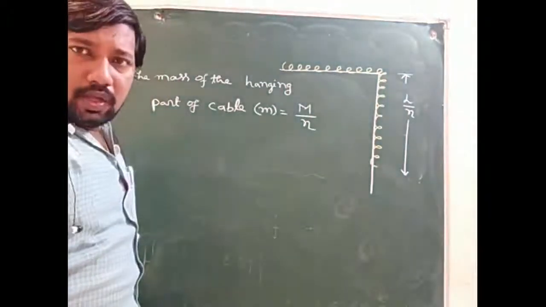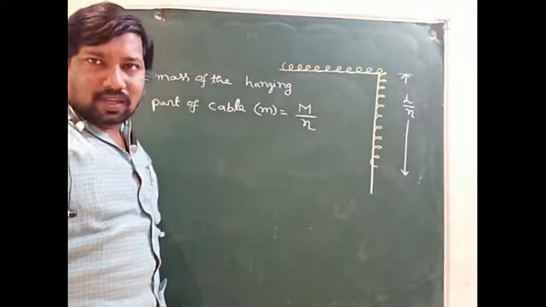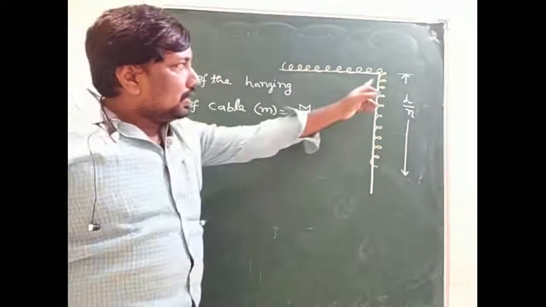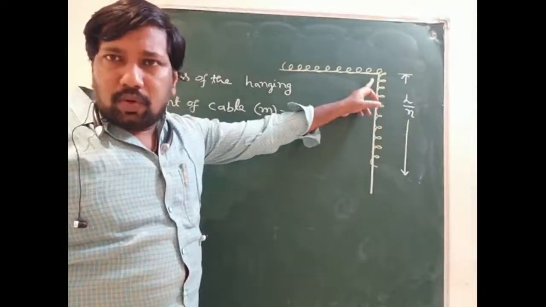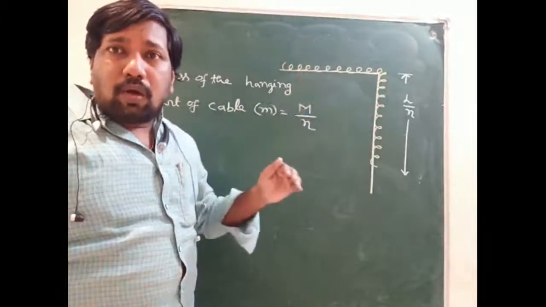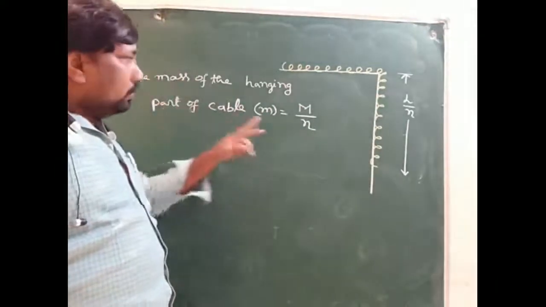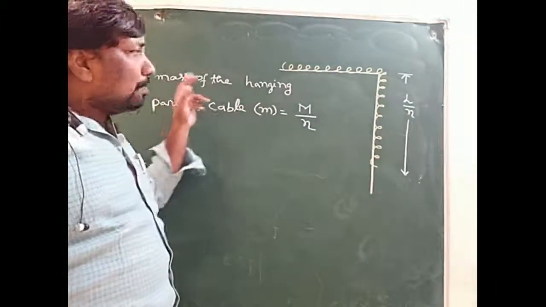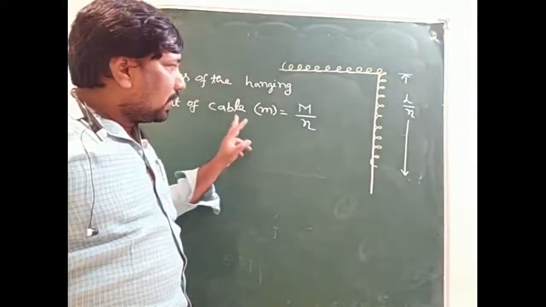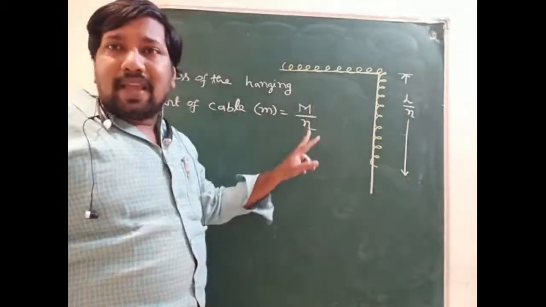Here capital M means total mass of the chain, but at the edge of the table 1/nth part of the chain is hanging. So the mass of the hanging part of the cable is M by n.